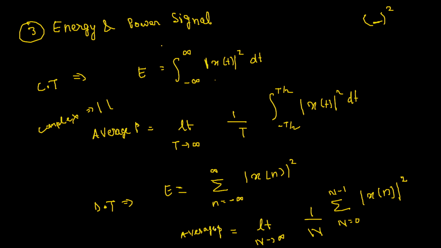Now, if we do not get a finite value of either energy or average power, then we can say that the signal is neither energy nor power. So the questions are always going to be about what type of signal the given signal is. So let's see a few examples here.